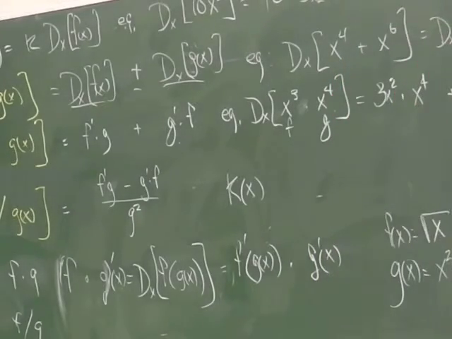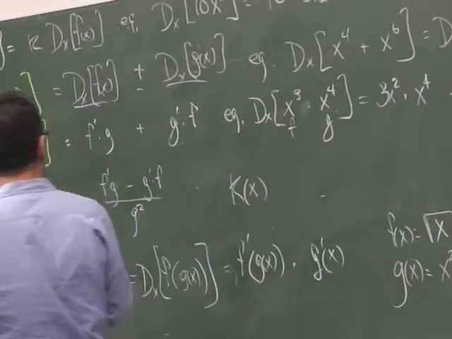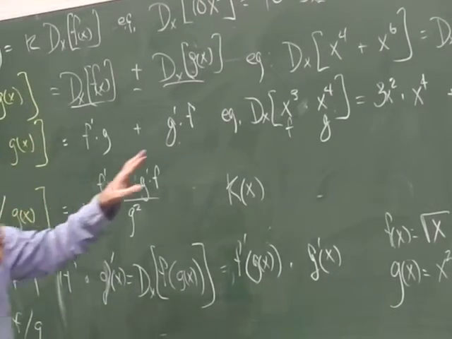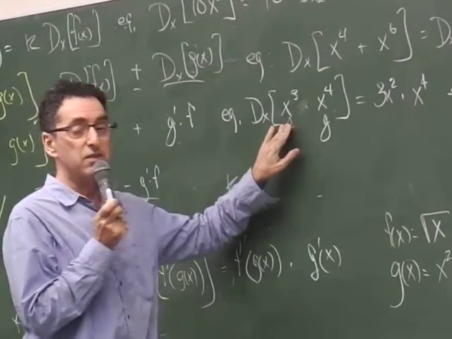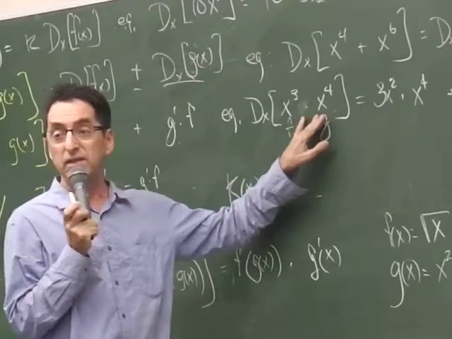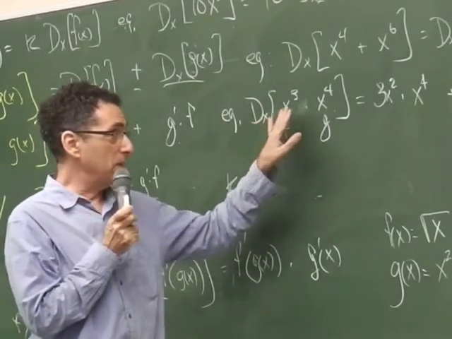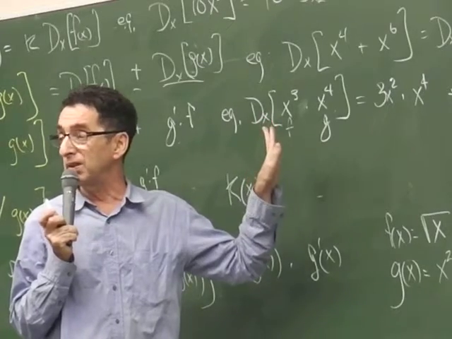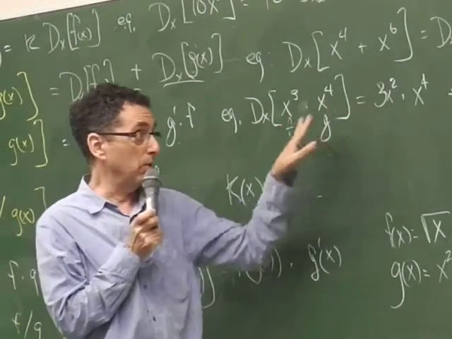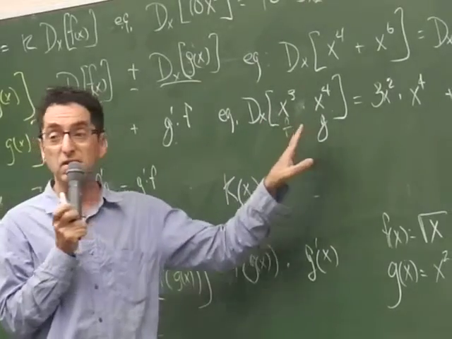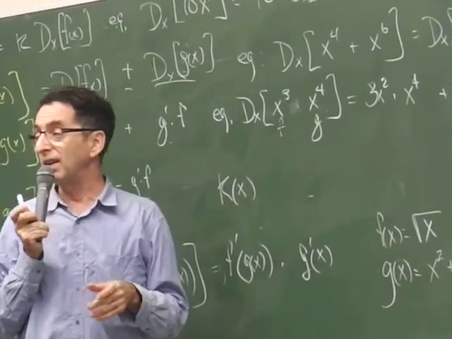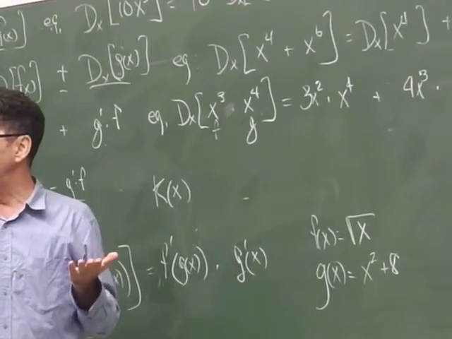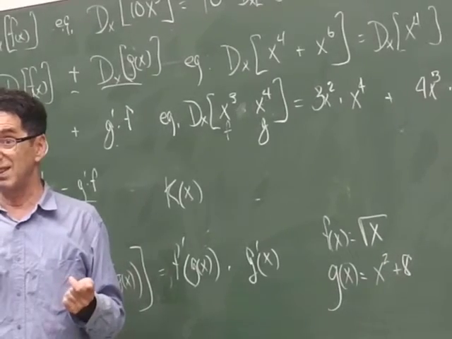Over here, I said suppose that f is x cubed and g is x to the fourth, and I asked what's the derivative of the product of them. Most people wouldn't bother using the product rule. They would just multiply these two together to get x to the 7th, and say it's 7x to the 6th.